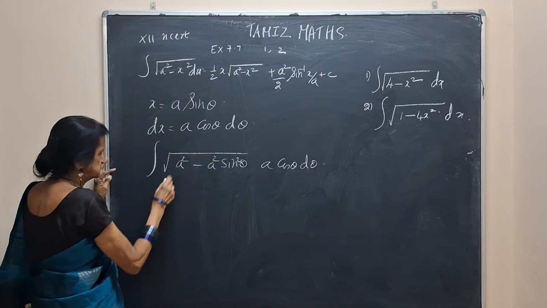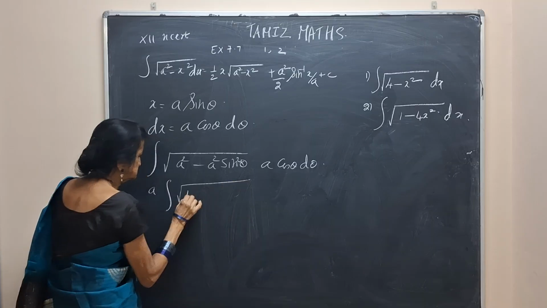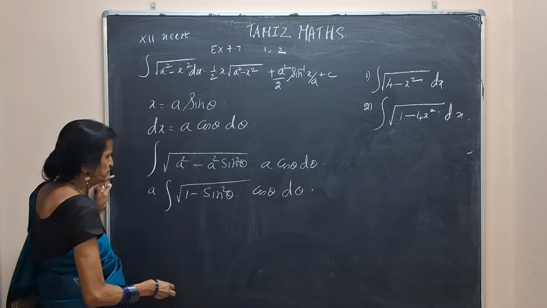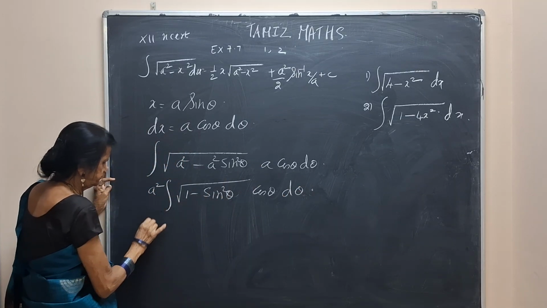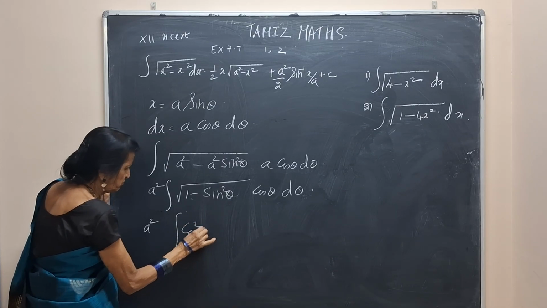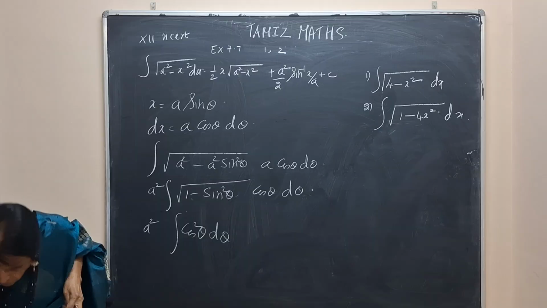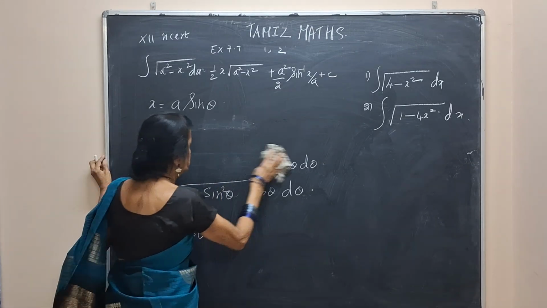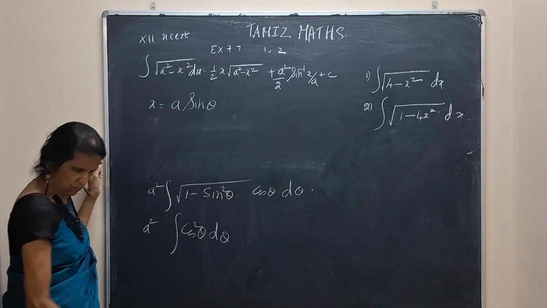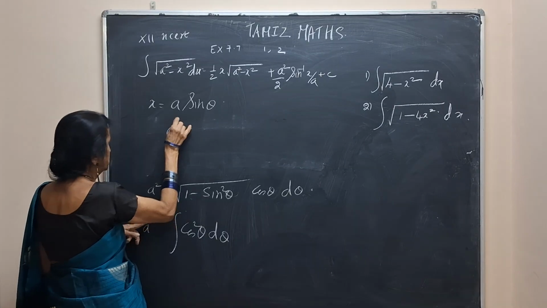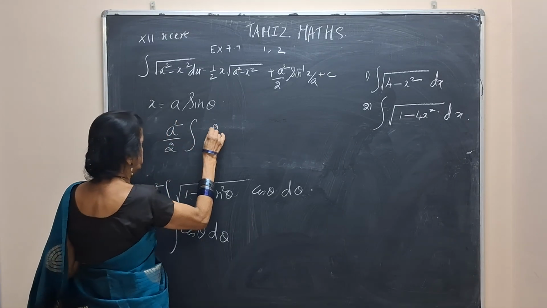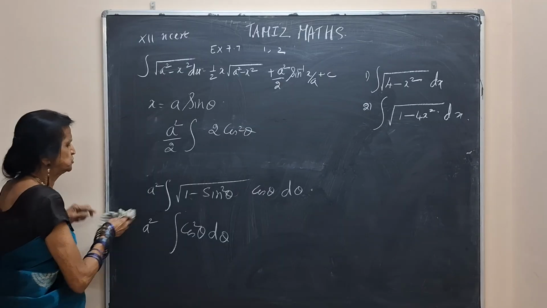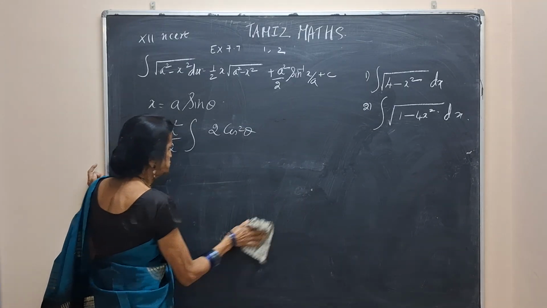This is a outside, with this sin theta. So this will now become a square cos square theta, and cos square theta is (1 plus cos 2 theta) by 2.